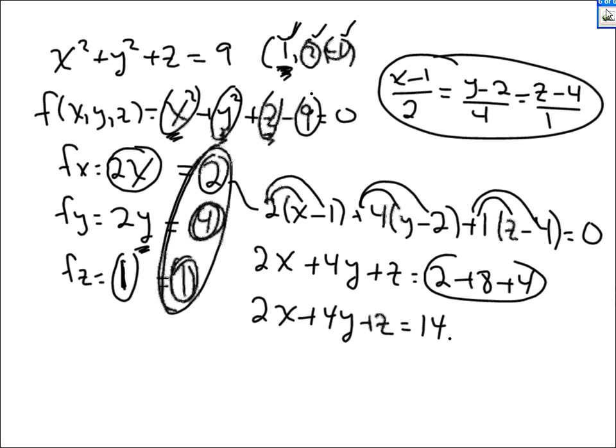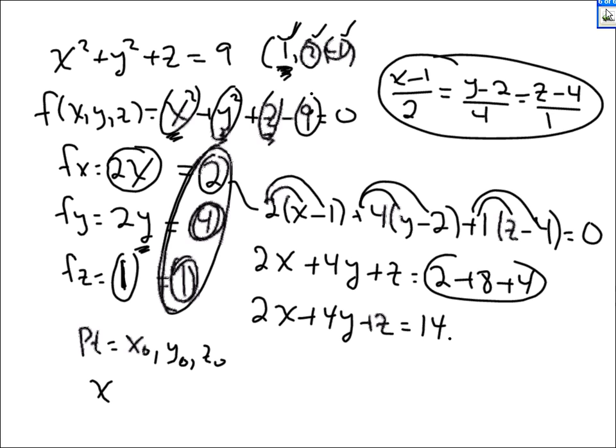You need to know what to do. You need to be walking down the street saying it. If they want me to find the symmetric equation for the normal line, I'm going to find fx at the point, fy at the point, fz at the point, and then I have my point, x0, y0, z0.